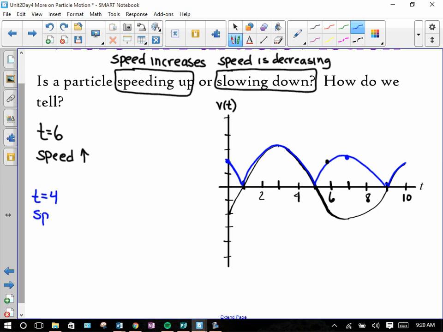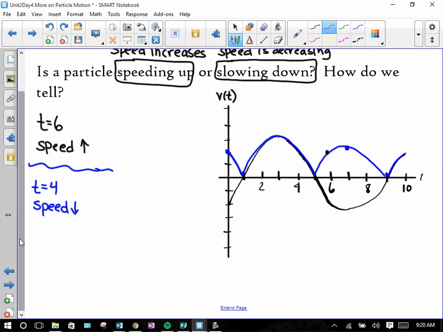So the speed is decreasing. We got that because right there, speed is decreasing. Now, let's look at t equals 2. At t equals 2, is the speed increasing or decreasing? It is increasing right here. Increasing, so the speed is going up.